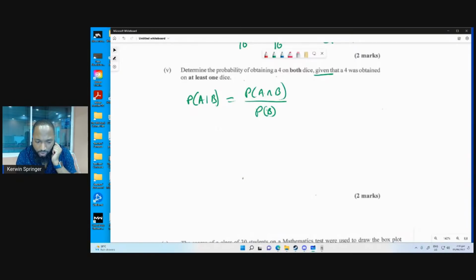A is obtaining a 4 on both dice, which we already have as 1/16, over the probability of B, a 4 on at least one dice. Just use the formula for this one.